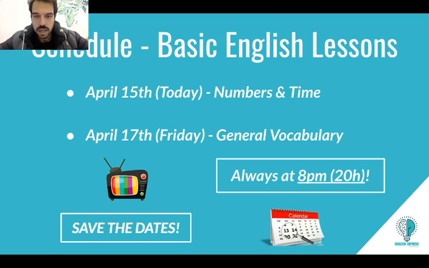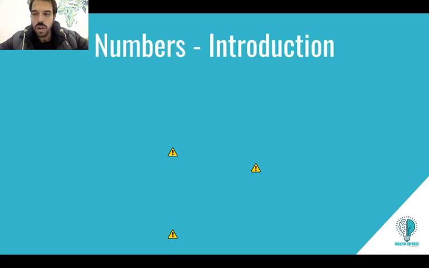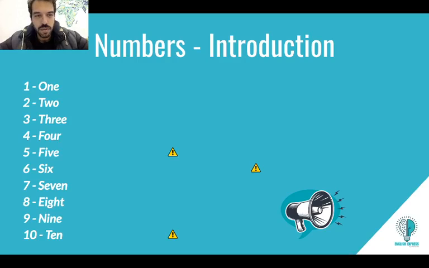Amazing, guys. So as I told you, today we're starting with numbers. Okay? So we're going to start with the very basic numbers, right? So the first ones over there, we have 1, 2, 3. Number 3 normally is a number that we have a problem in pronunciation. Why?